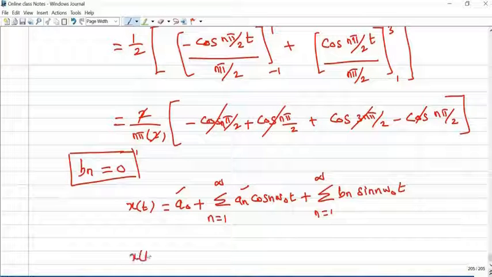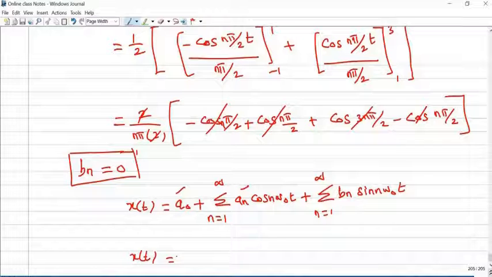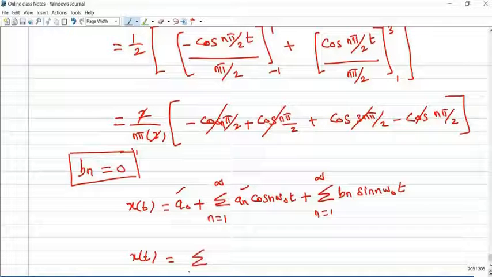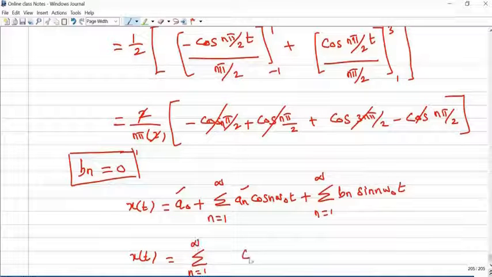So substitute. A0 value is 0, I think so, in this particular problem. Yes. So only the Bn value is available. Sorry, An value. Sum over n equal to 1 to infinity, cos n pi by 2 t.